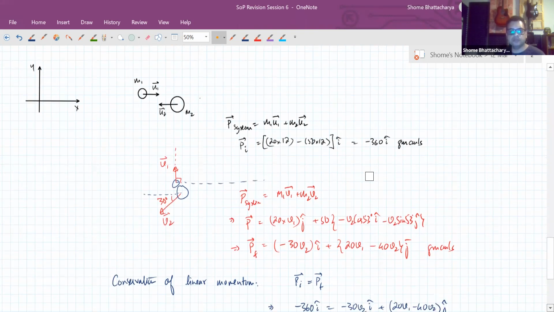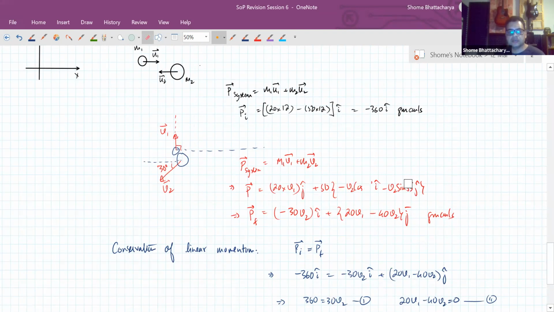So anyway, making this correction, let's see the result that we get. So these angles are 30. Cos 30 is root 3 by 2, so this term will become 25 root 3 v2.